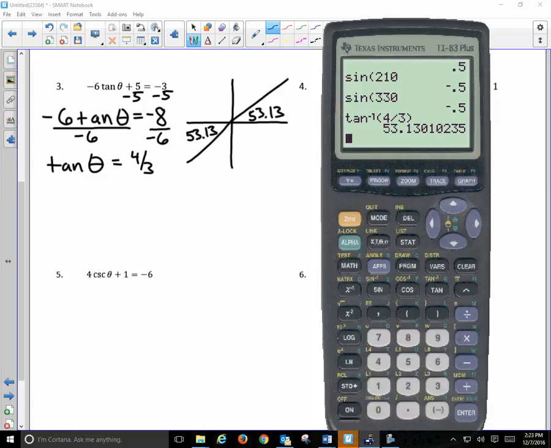And again, you always draw the angle between the terminal side and the x-axis. Never draw it up against the y-axis. Never. So theta is, and I would do 180 plus 53, which is 233.13 degrees.